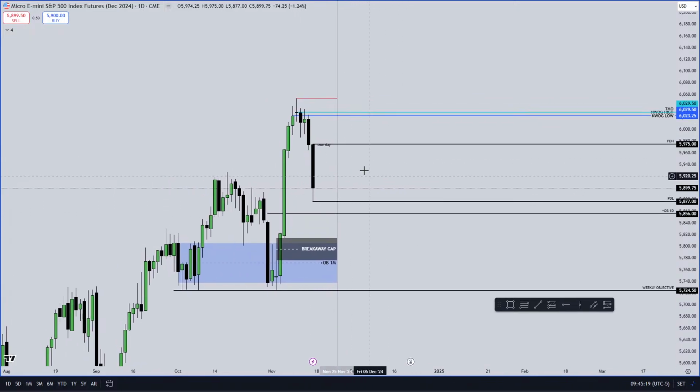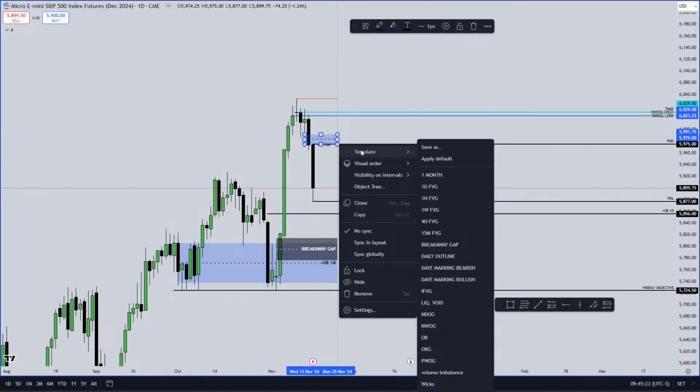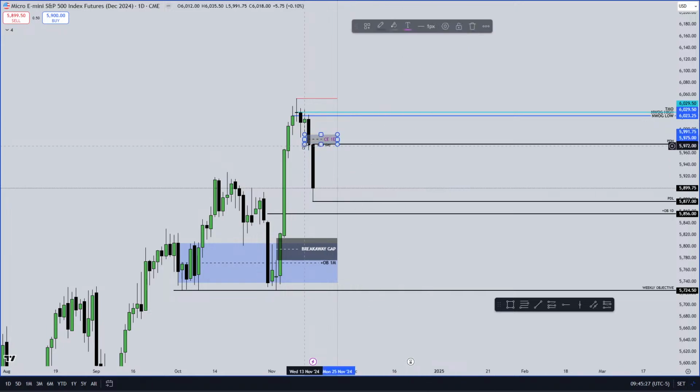Yes, this is what I'm seeing now. We have the daily FVG. This is also coinciding with this IFVG. We have a wick. We can look to short if the price does rally above here.